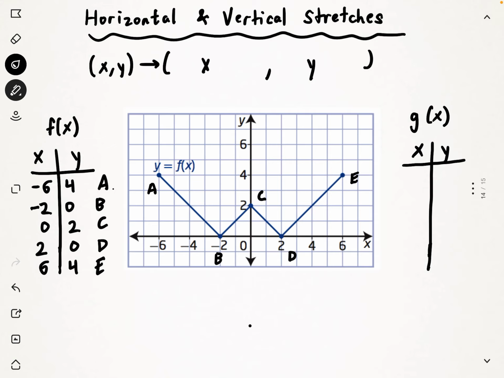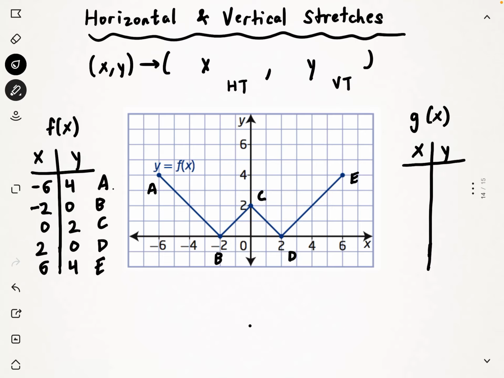So let's just think about what we've learned so far when it comes to mapping notations. We've learned that everything around the x is horizontal. So what comes after the x is a horizontal translation. That hasn't changed. What comes after the y is a vertical translation. So having things after the x or after the y will relocate your graph to the left, to the right, up or down.